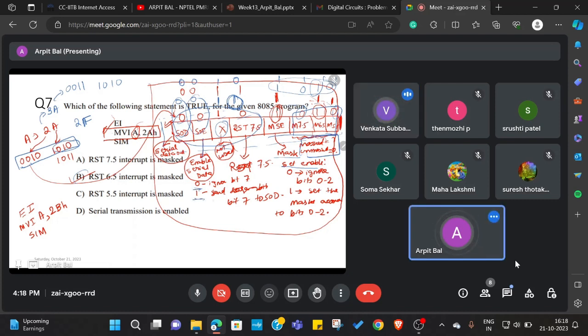If it is 1, then send bit 7 to SOD. So these are the interpretations. It is also mentioned in an elaborate way in the lecture slides, so maybe you can visit them if you want. That was about SIM's operation.